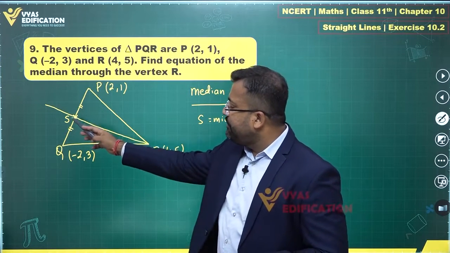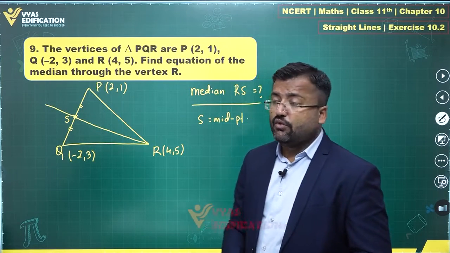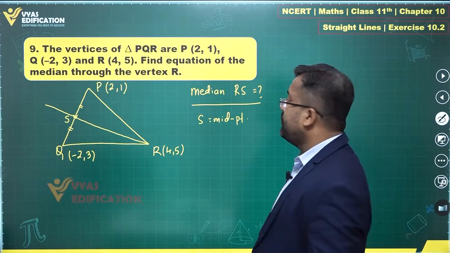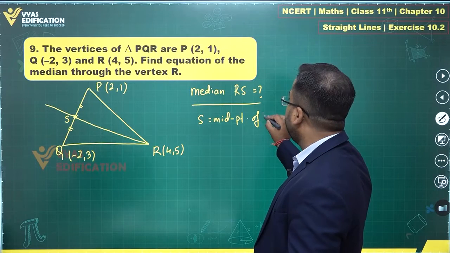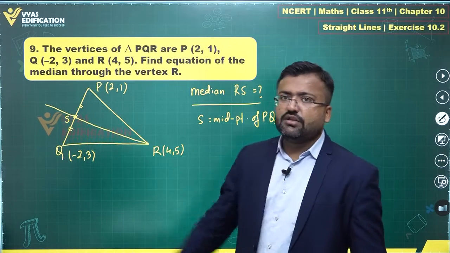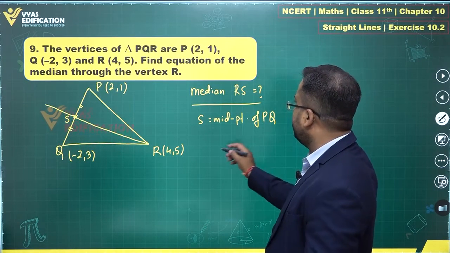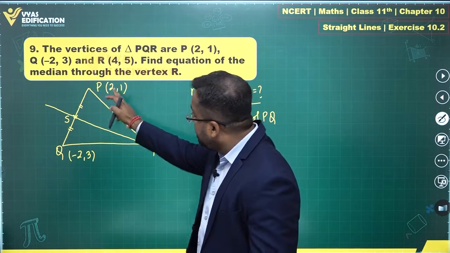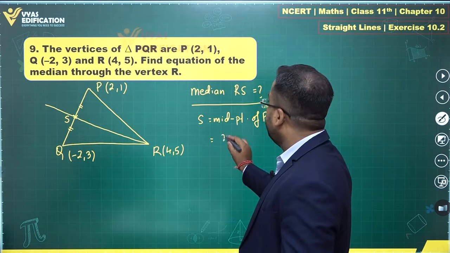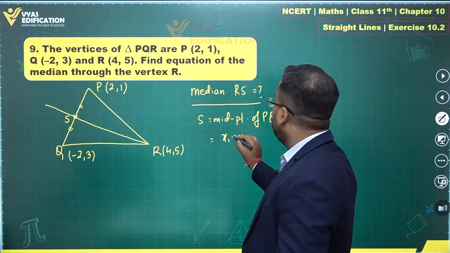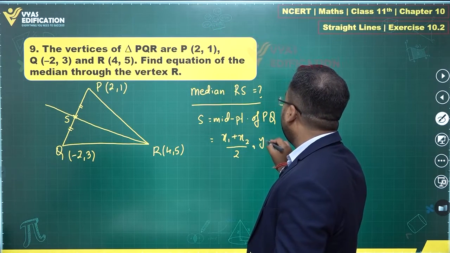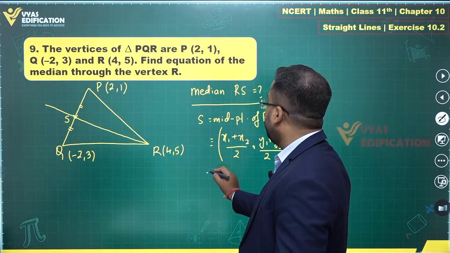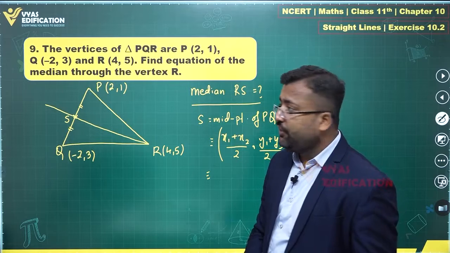If you find that midpoint, you have one point already known, you found another point, and you can easily use the 2-point form to write the equation of the median. Since the median passes through the midpoint of the opposite side, the midpoint of PQ has coordinates (x1 plus x2) by 2, (y1 plus y2) by 2, where (x1, y1) and (x2, y2) are the coordinates of P and Q.